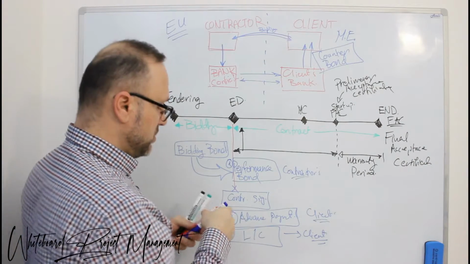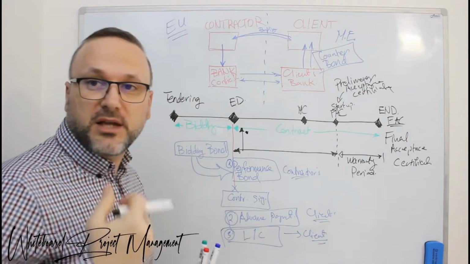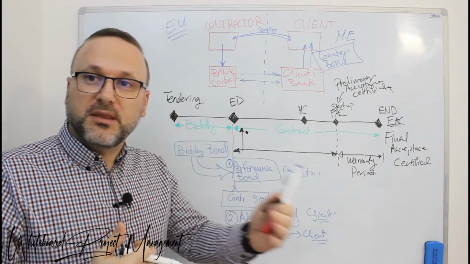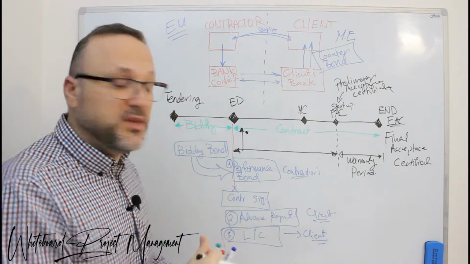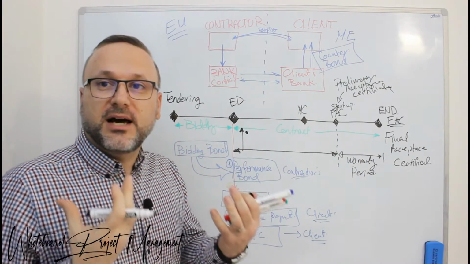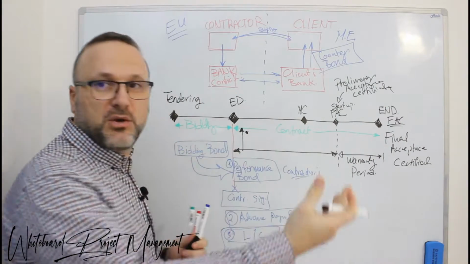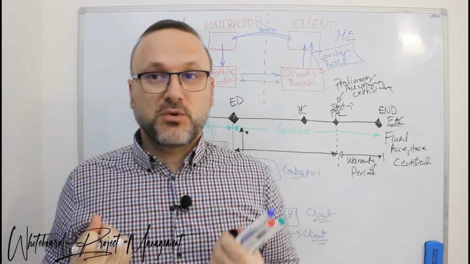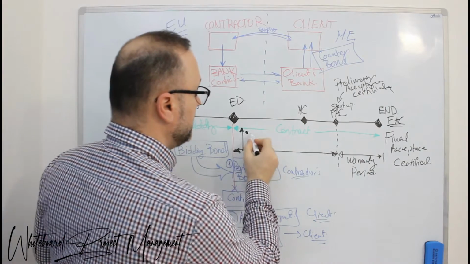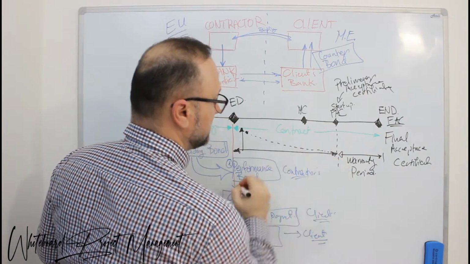So you start your performance bond somewhere here, and during the project you are completing the project and moving onwards. So your responsibilities, your commitments are decreasing step by step because you are claiming your milestones, you are getting your money back, and the remaining amounts are less and less.